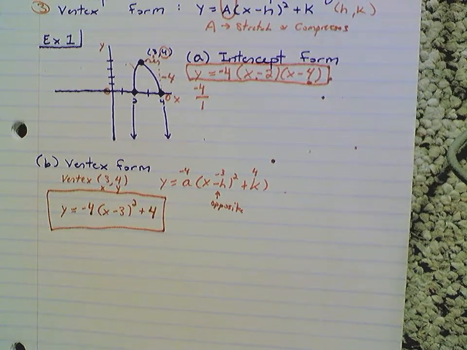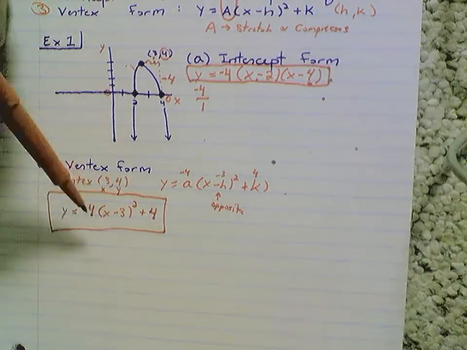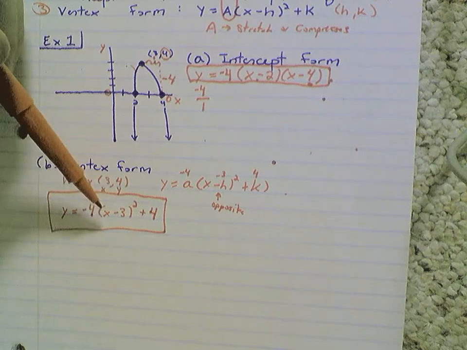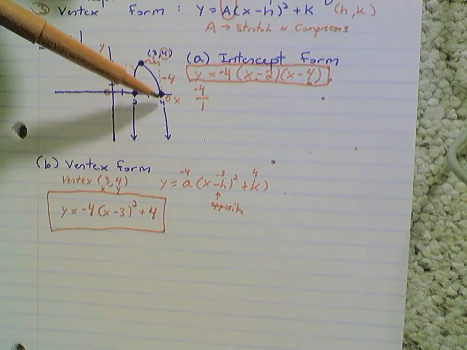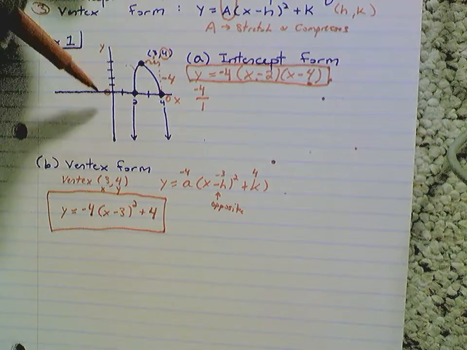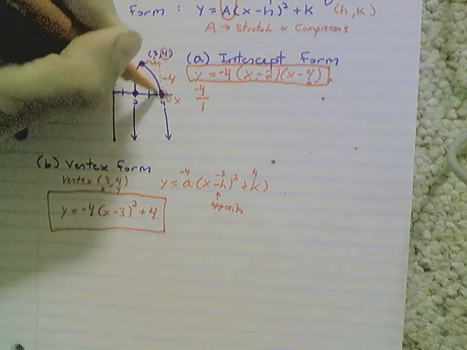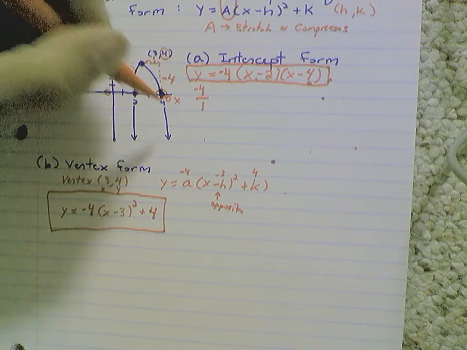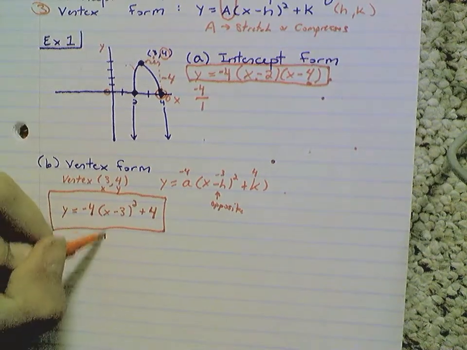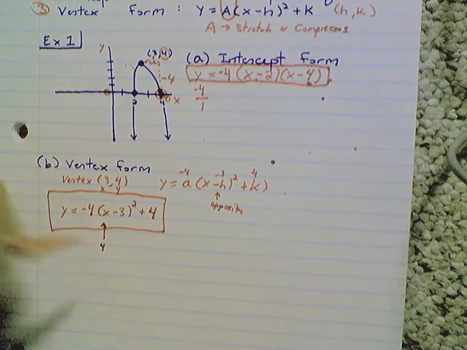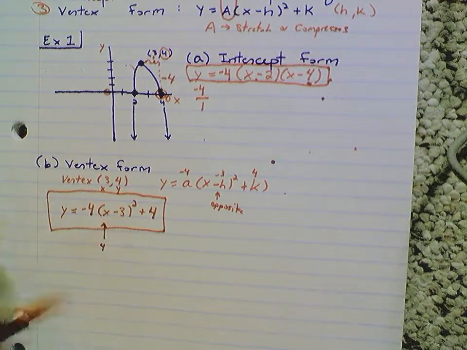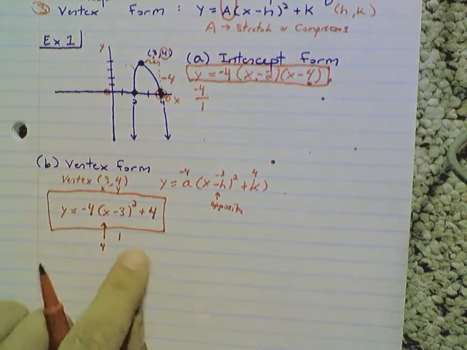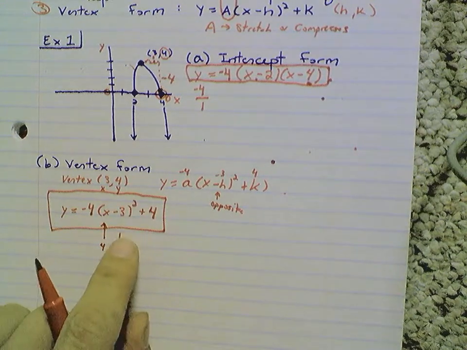Now with vertex form, you can always check your work. You should notice that if you were to plug in 4, you should be able to get 0 out. You should be able to get this x-intercept. So for instance, if I were to plug a 4 into my function, 4 minus 3 would give me 1, and 1 squared is still 1.